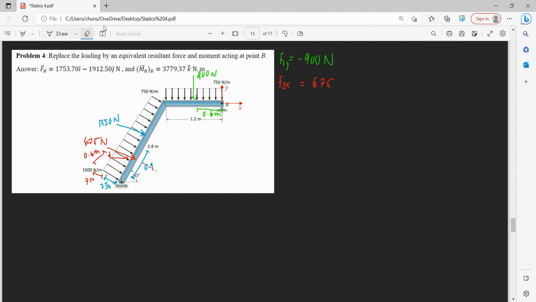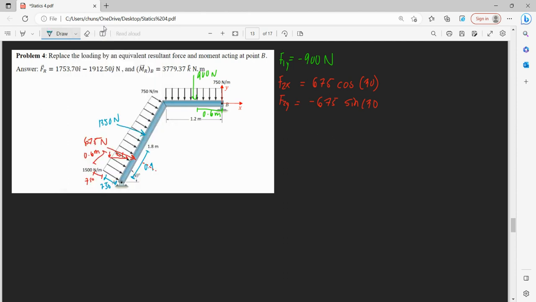So this right here is 30. So that 30 degrees is opposite, no, is adjacent, so this is cos 30. Then F2y, since it's pointing downwards, that's negative 675 sine 30.